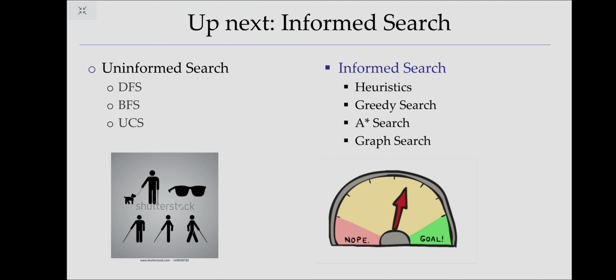We discuss the advantages and disadvantages of this greedy search algorithm. Then we extend A star search for the tree and the corresponding graph search for the graph. And we show the similarity between informed search and the previous discussion on uninformed search.